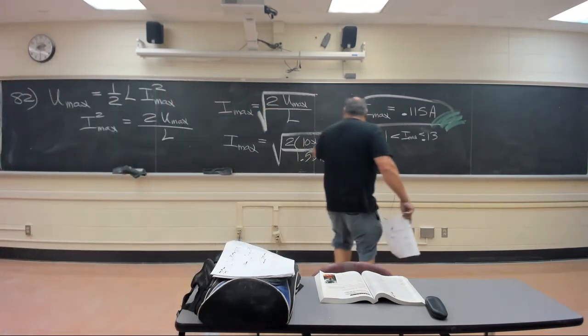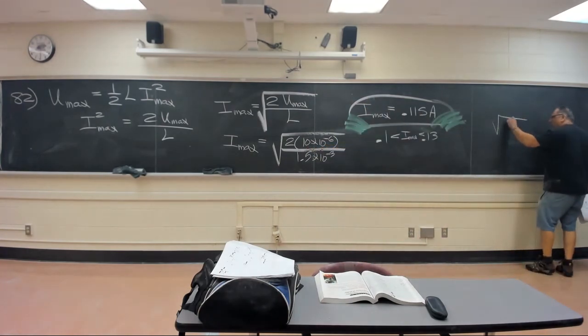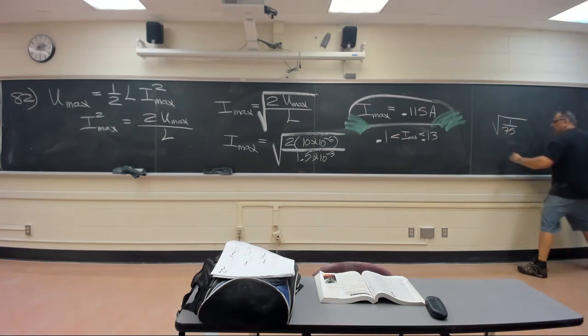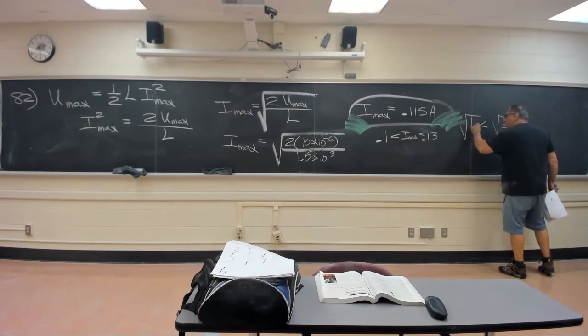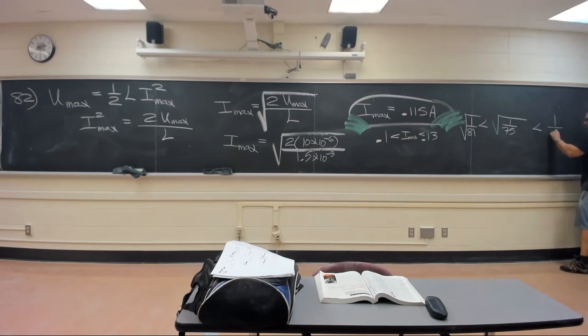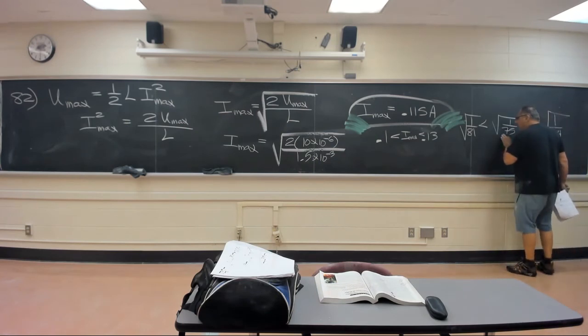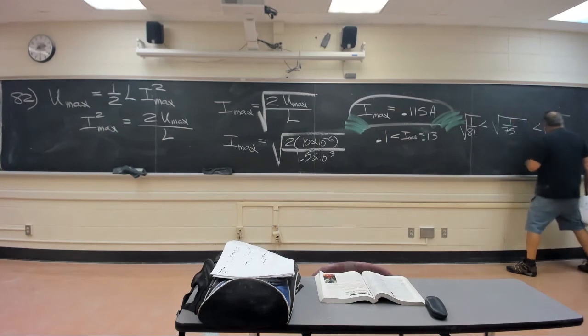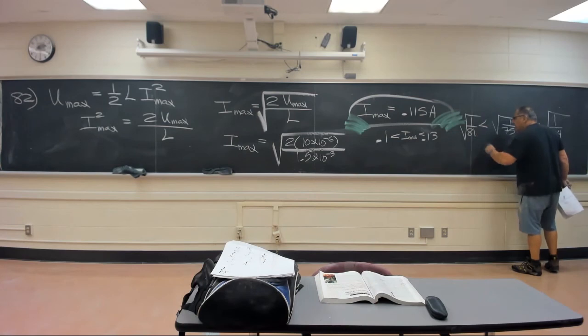The square root of 1 over 75 is greater than the square root of 1 over 81, and less than the square root of 1 over 64. 1 over 64 is bigger than 1 over 75, and 1 over 75 is bigger than 1 over 81.